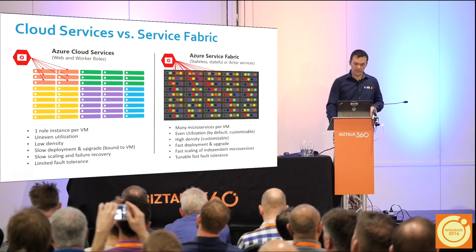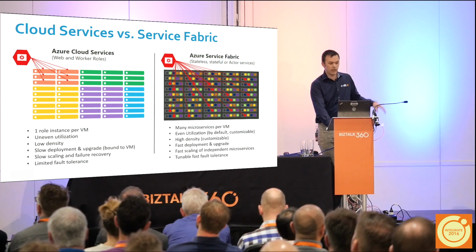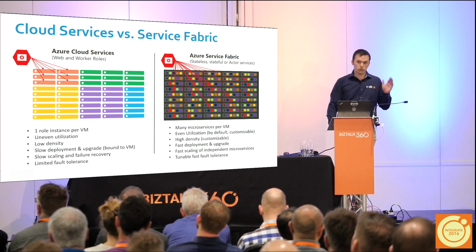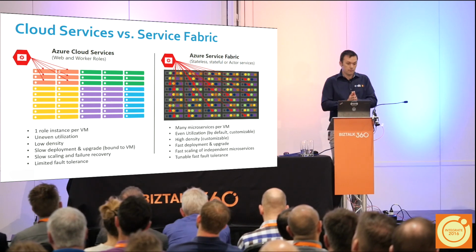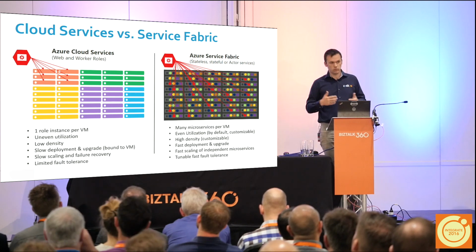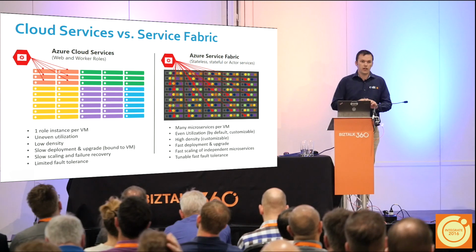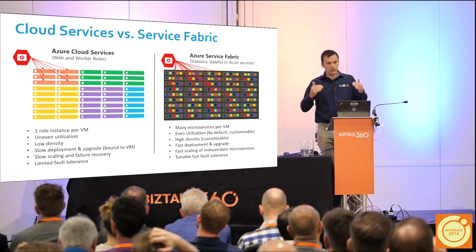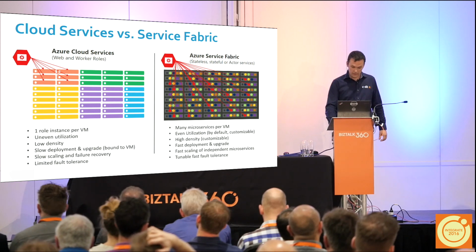So that's important to understand, that you have much higher density than you used to have with cloud services. And that's already a reason why I would now tell customers or even partners, if you have things that you had to do in the past on cloud services, worker roles for example, I would move them now to Service Fabric because it will typically be less costly, and you still have the granularity you typically want to have.